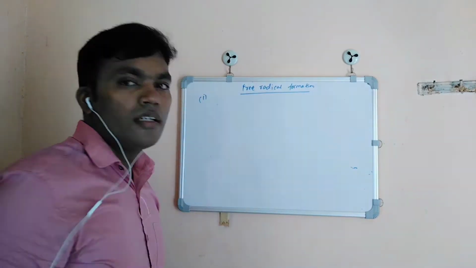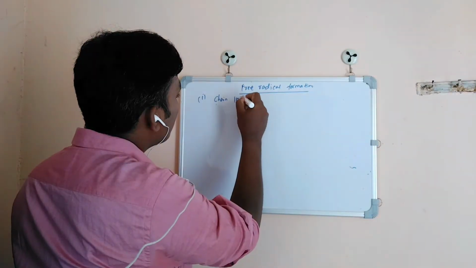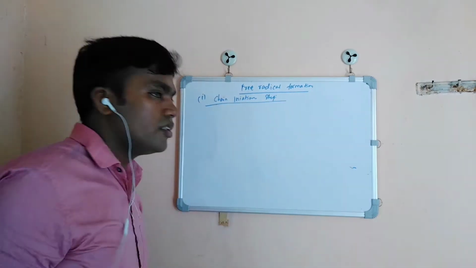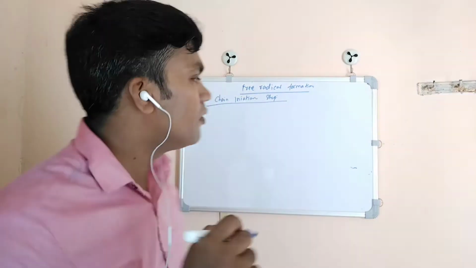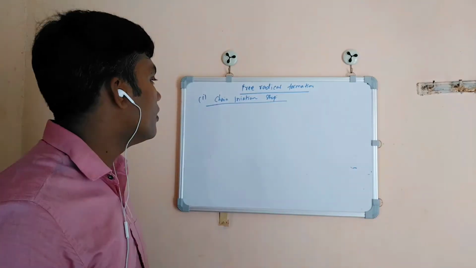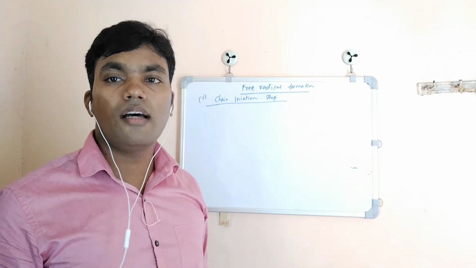In this first step, we are going to add benzoyl peroxide as free radical generating initiator or catalyst.